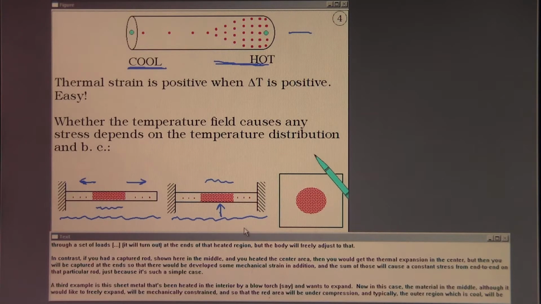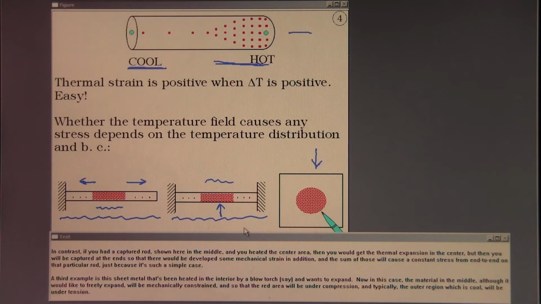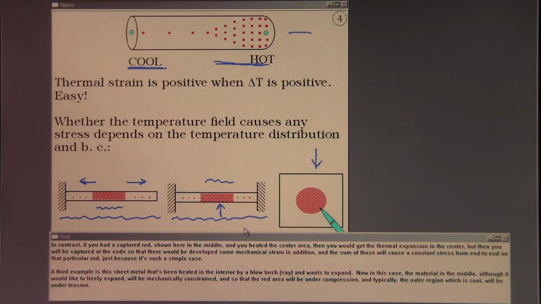A third example is this sheet metal that's been heated in the interior by a blowtorch, say, and wants to expand. Now, in this case, the material in the middle, although it would like to freely expand, will be mechanically constrained, and so the red area will be under compression, and typically the outer region, which is cool, will be under tension.